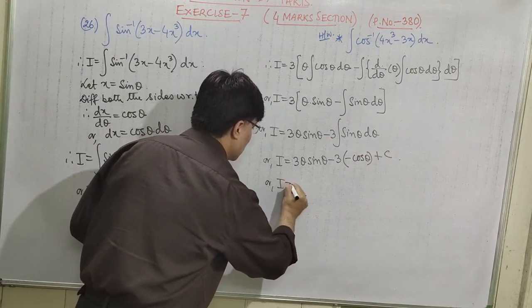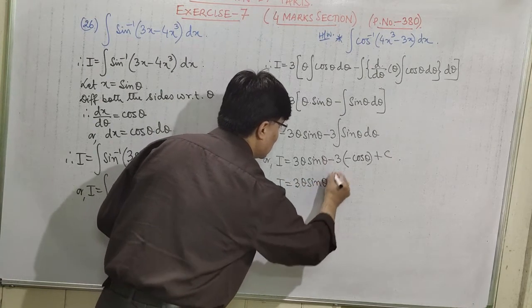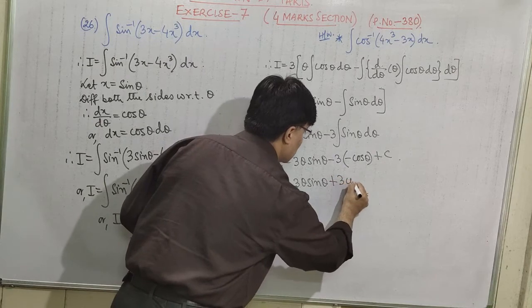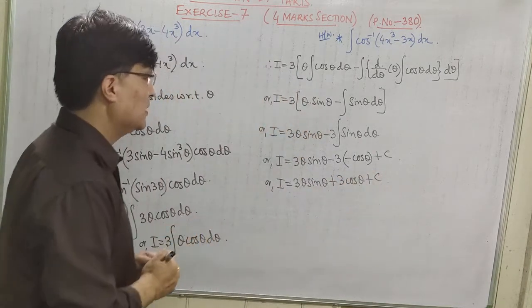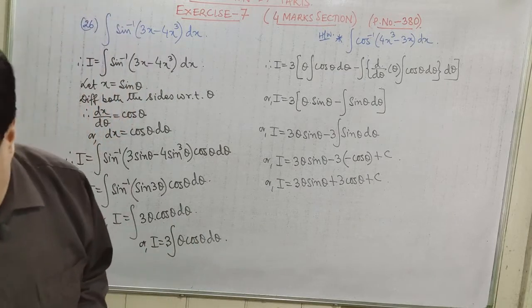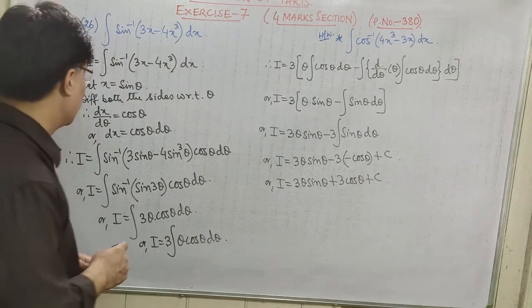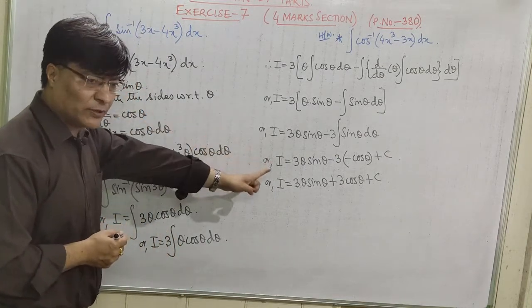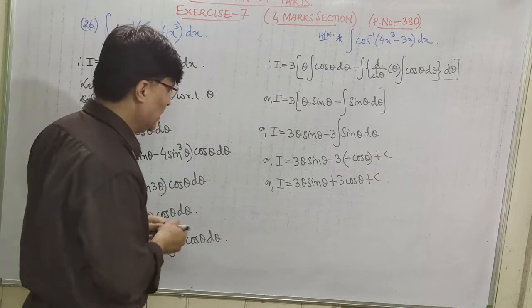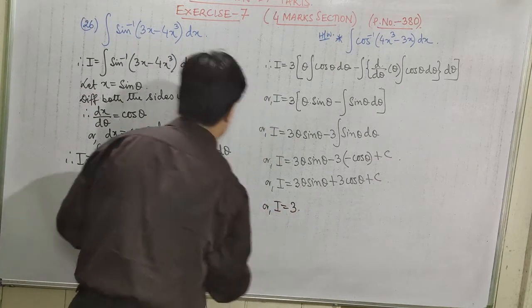Or I is equal to 3 theta sine theta, minus into minus plus, this is 3 cos theta plus c. Is that clear now? Now you have to write down the answer in terms of x. Since we have assumed sine theta is equal to x, you have to convert cos theta in terms of sine theta. Okay, so I is equal to 3 into, what is theta?